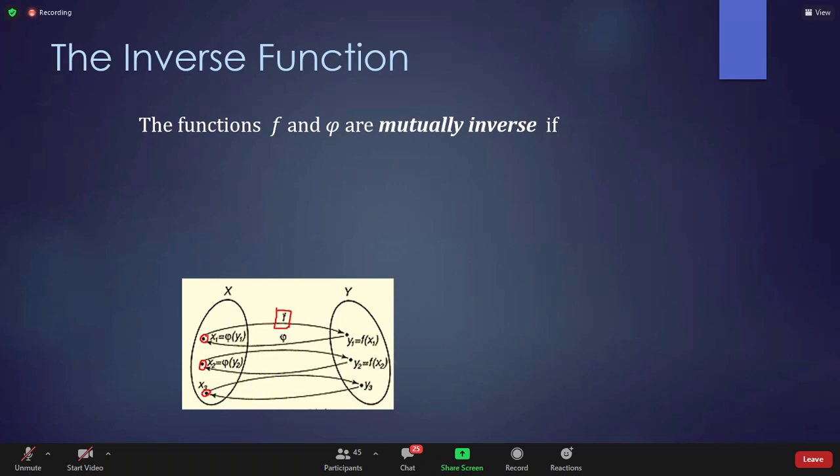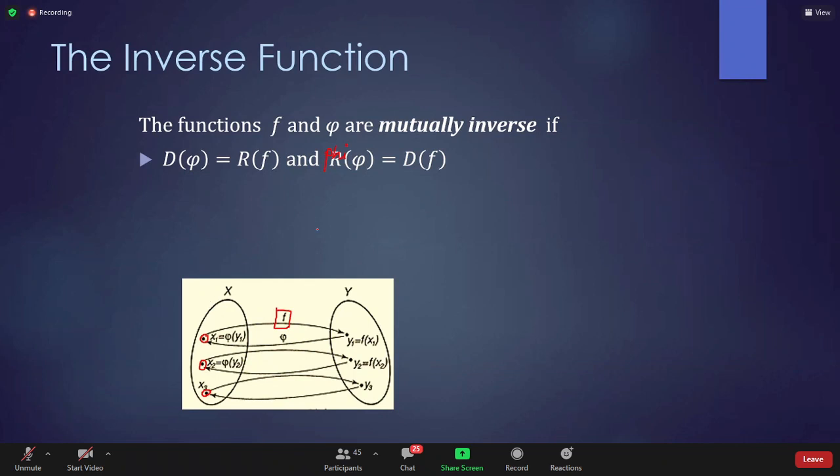And now, if we have another function phi, the function phi actually takes these y values and maps them exactly back to the same old x values. Then we say these functions are indeed mutually inverse. In other words, the domain of the phi function is exactly the same as the range of the f function, and the range of the phi function is x, that is the same as the domain of the f function.